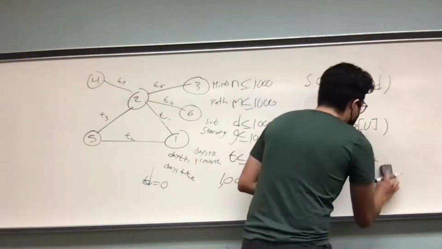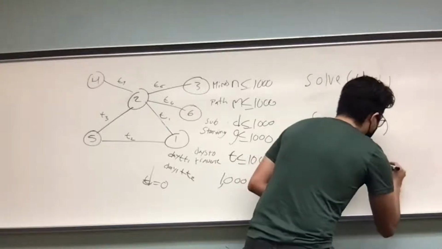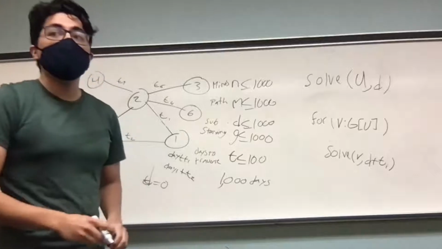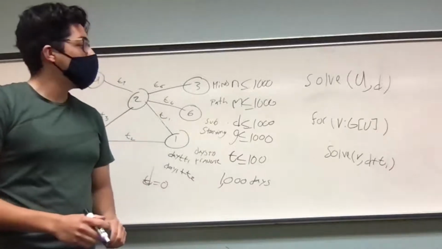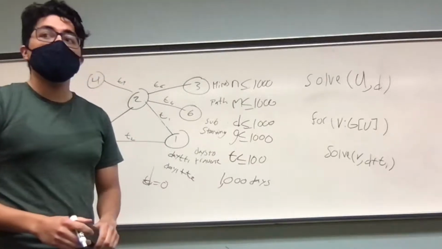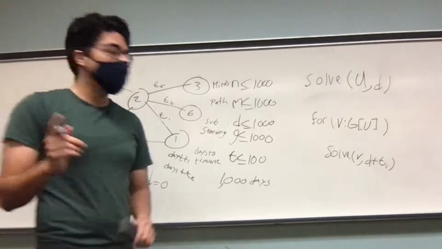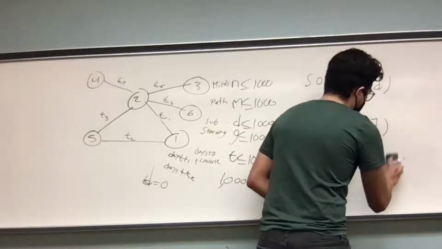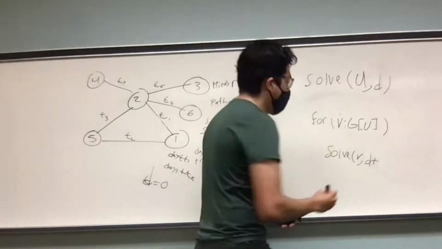Wait, in code, in this adjacency list, will we have to keep track of the edge weight? Yes, the list will be a tuple. So instead of actually just storing an int, I'll do it like how you're saying.